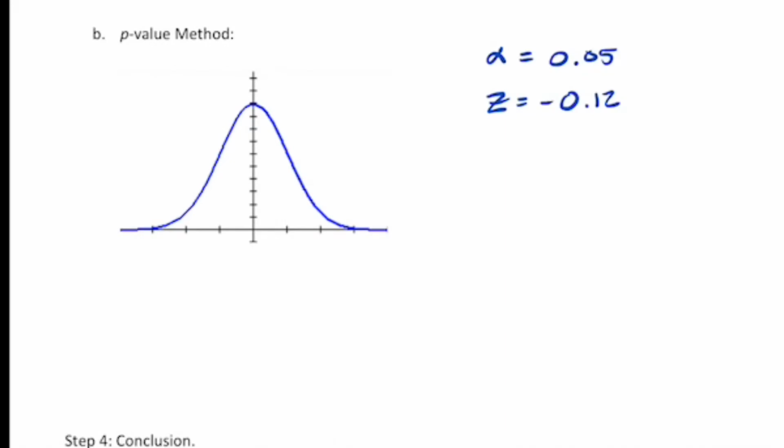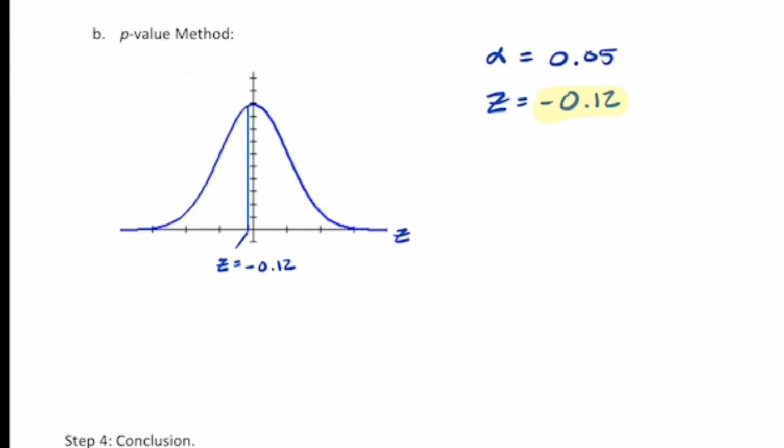Now, with the p-value, if you look at negative 0.12, which we said was about right here, and we kind of separate that area, so that's Z is equal to negative 0.12.